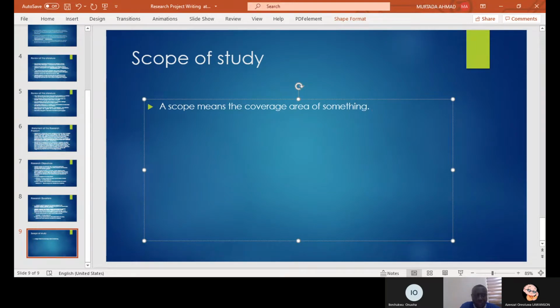We are talking about what is covered, those things that are covered in a discussion. What are those things that are covered in a discussion? You can call it a scope that way.